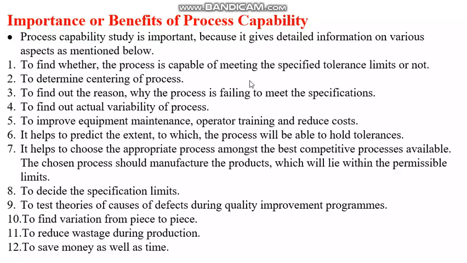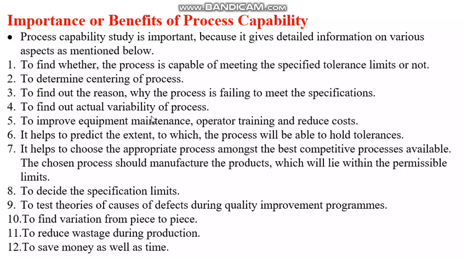Whether our process will be able to produce within those tolerance limits or not, process capability will be able to tell us. Then second is to determine the centering of the process. And then to find out the reason why the process is failing to meet the specifications, this also process capability will be able to tell us.